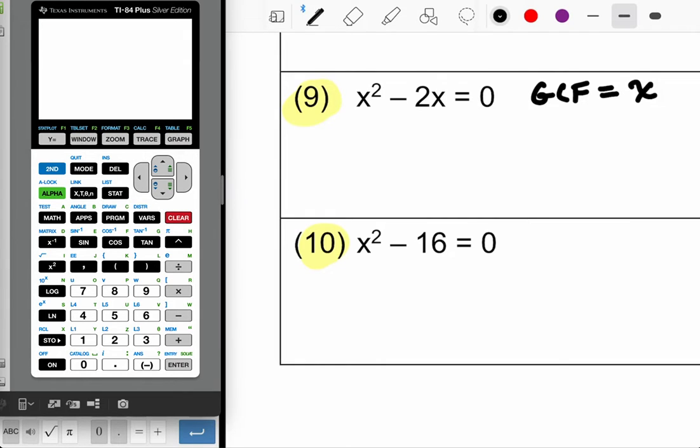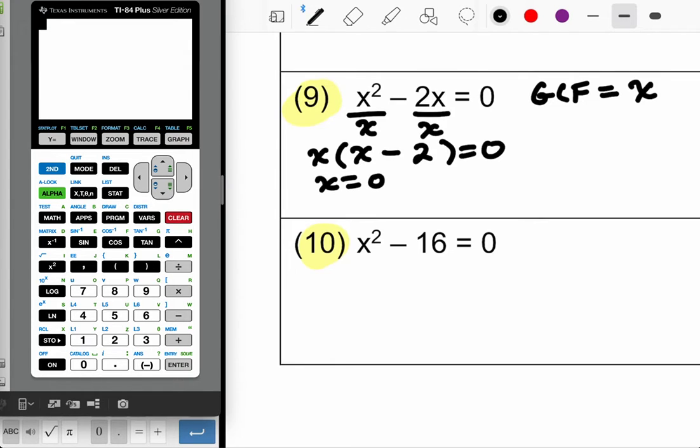So in number 9, we have a GCF of x. I can divide out that x. So x times x minus 2. All right, then I take each of those factors and set them equal to 0. So x is equal to 0, or x minus 2 is equal to 0.